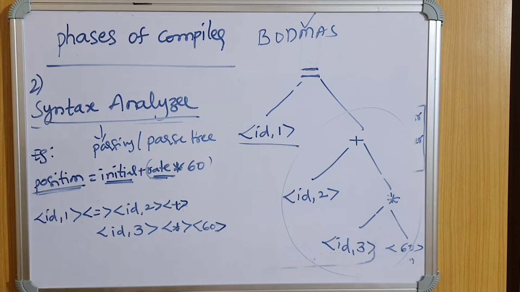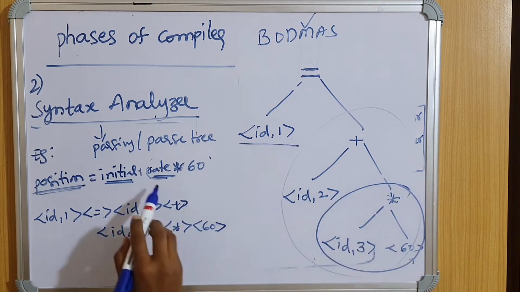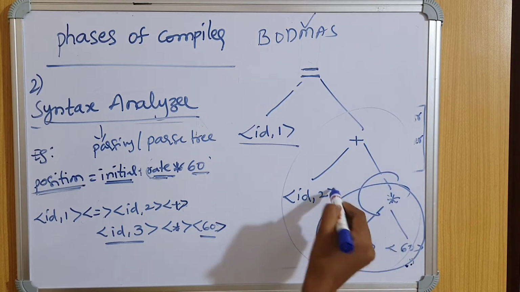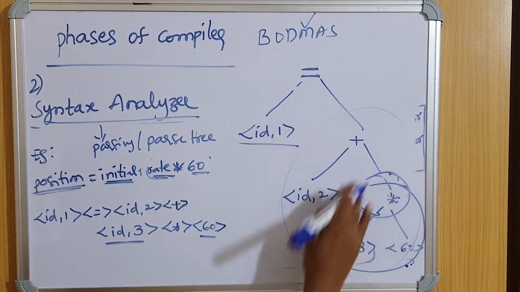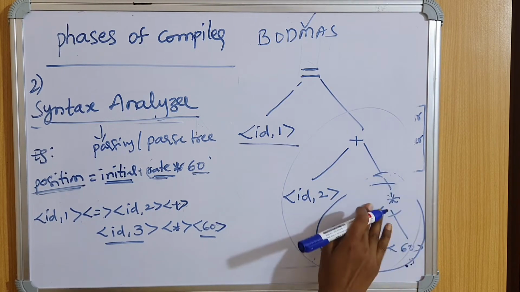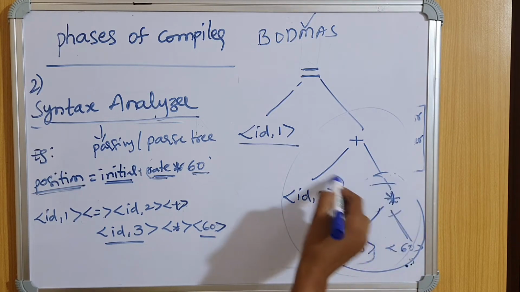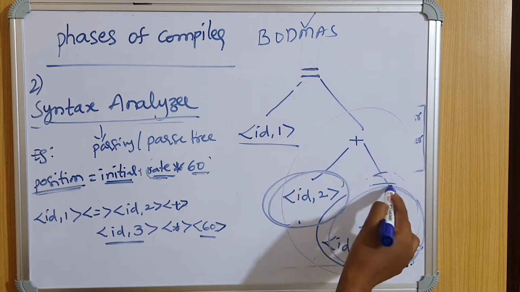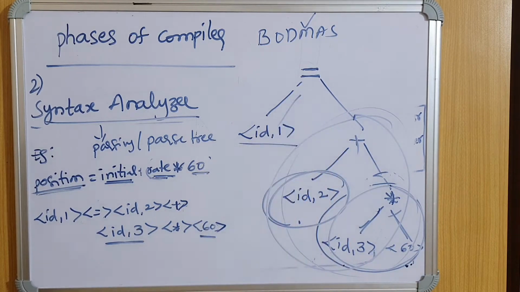Yes. Now what will it do? First it will multiply the rate and 60, meaning identifier 3 and 60. Then this value comes here. Then identifier 2 is added to this product. Then this total value will be stored in identifier 1.